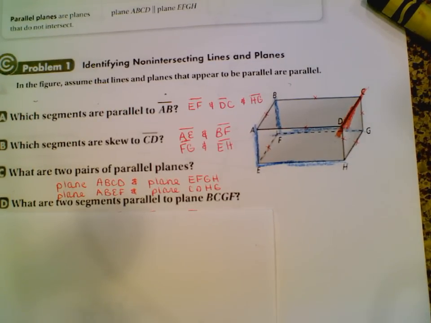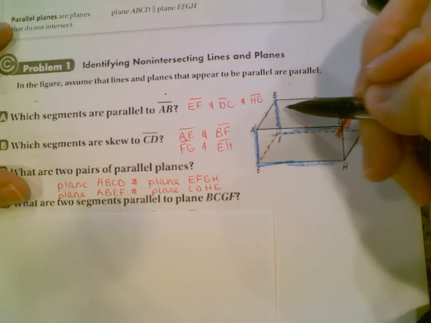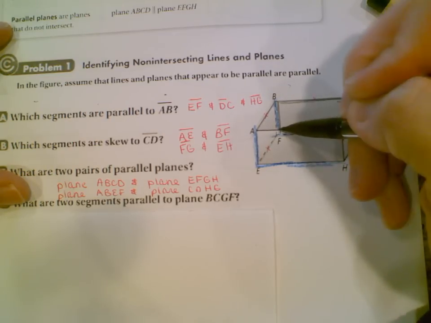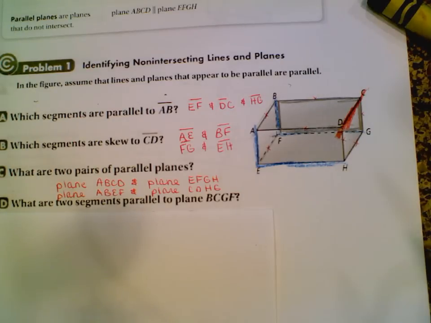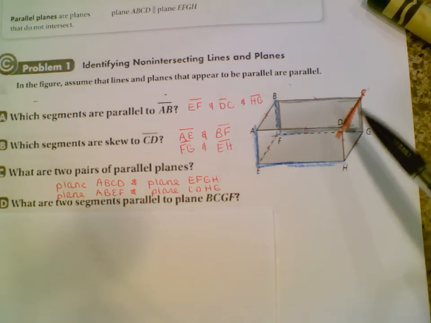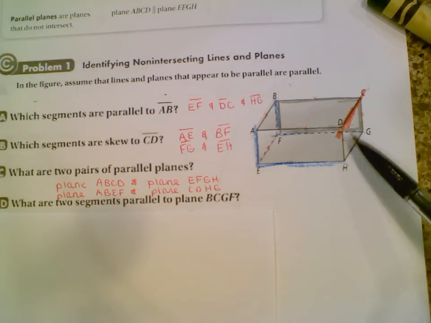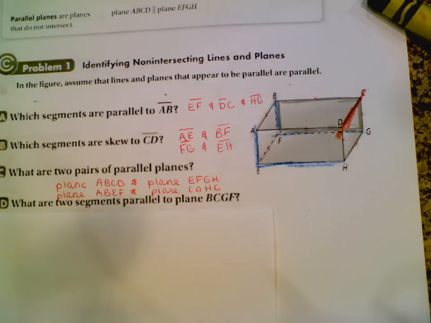Alright, one more. What are two segments parallel to plane BCGF? BCGF is this back plane. What I would do is think of the plane that is parallel to that plane, and then name the lines that make that plane up.